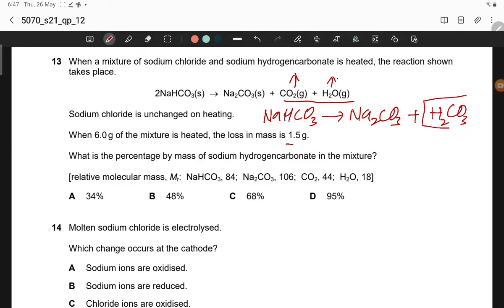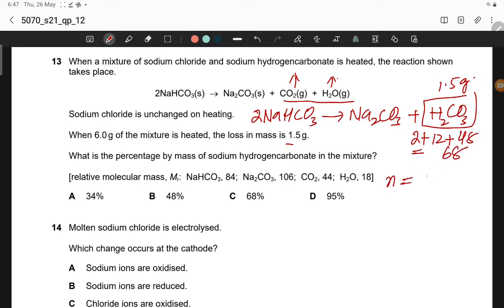So this is the loss in mass, 1.5 grams. So let's calculate the number of moles. H2 plus carbon 12 plus 48. So this is equal to 62.